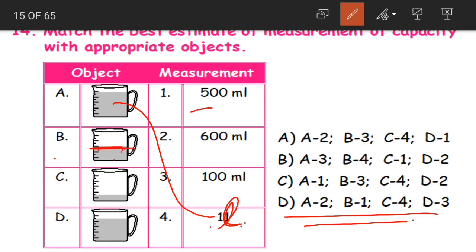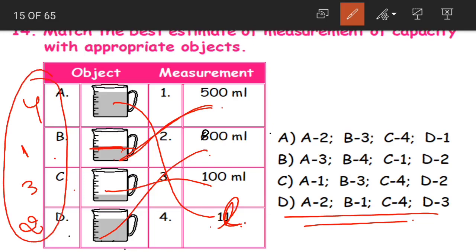So half means 500 ml. So B is 1, C is 100 ml and D is not 600. It would be around 800 ml. D would be having around 800 or 900 ml of liquid in it. So this is the correct answer. 4. Then we have 1. Then we have 3 and then we have 2. This is our correct answer.